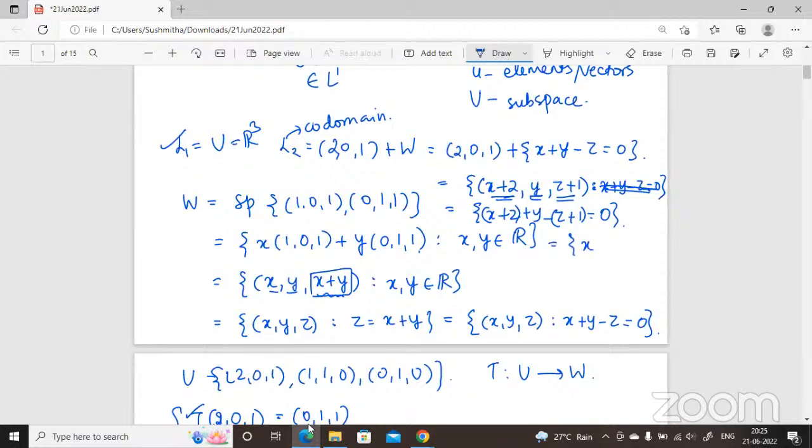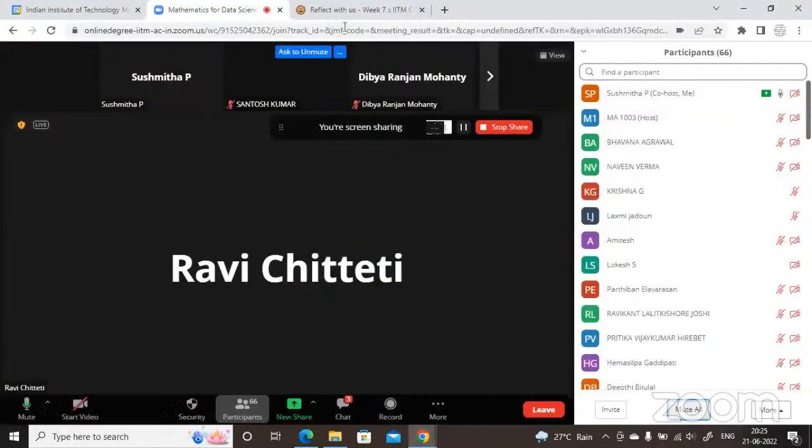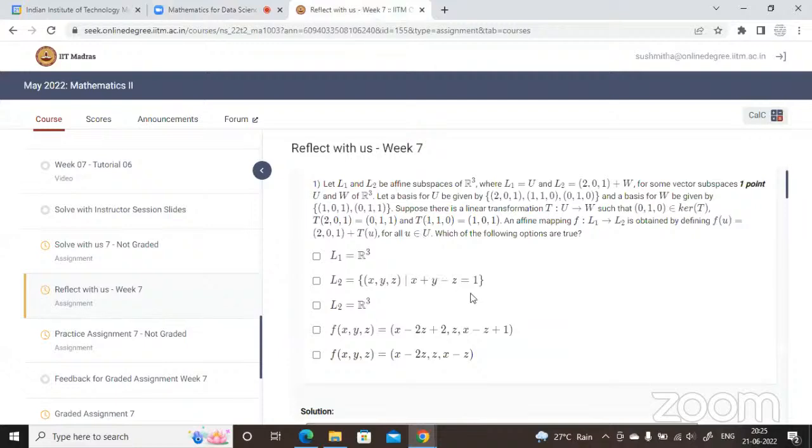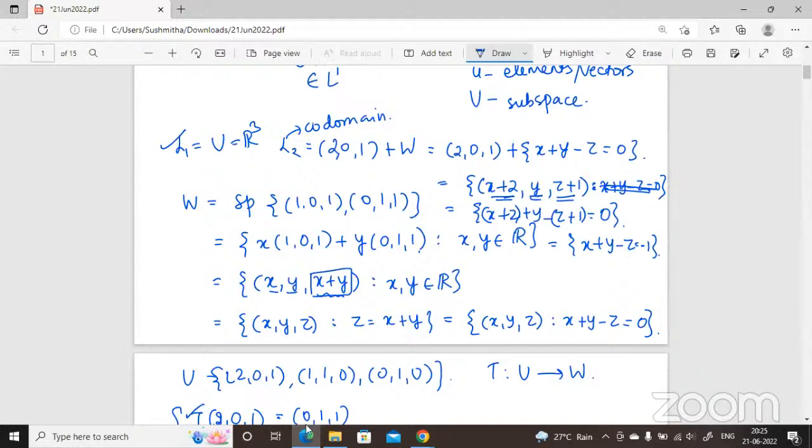So it's going to be X plus Y minus Z is equal to 1 or minus 1. Plus 2 minus 1. Is that what we have here? Is equal to 1. Why did we get 1? Okay, just check.